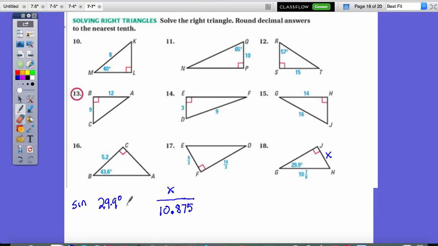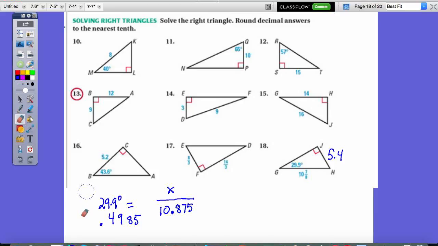Opposite over hypotenuse is sine. So sine of 29.9 is 0.4985. I'm going to leave all that in the calculator, times it by 10.875, and I get 5.42. So that means that side to the nearest decimal is 5.4.